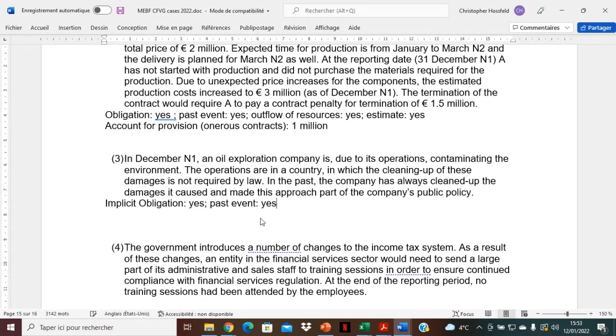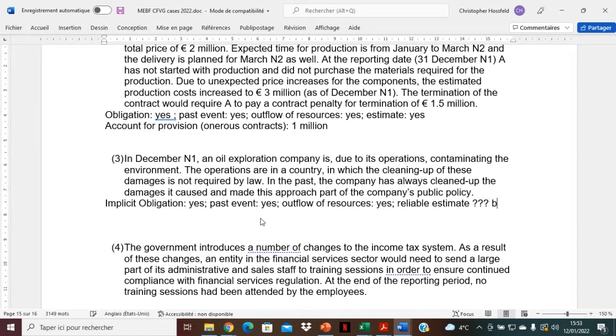There is a past event, which is the pollution of the site, and there will be an outflow of resources because the cleanup has to be paid. And can I do a reliable estimate? Well, here we don't know.